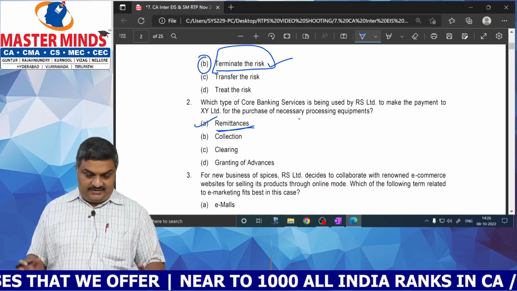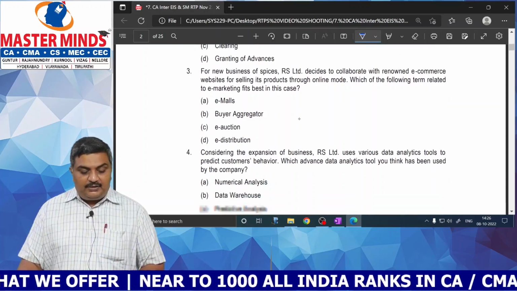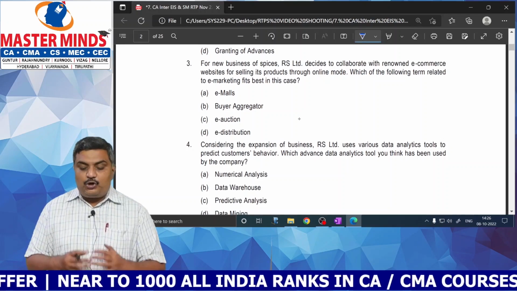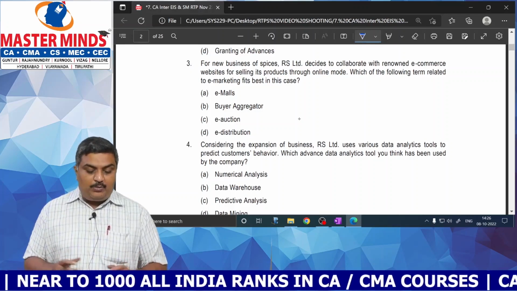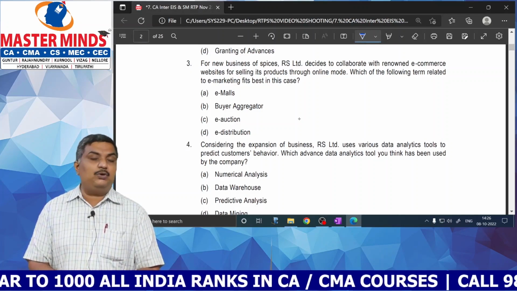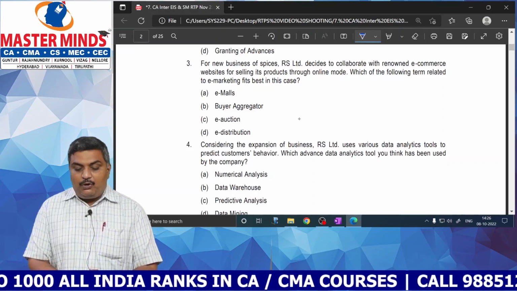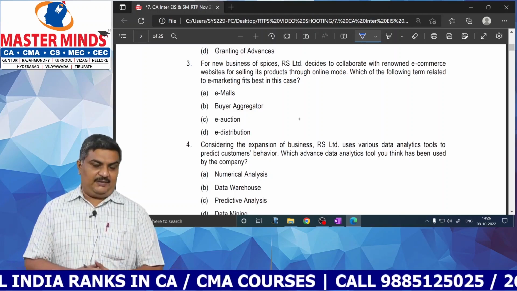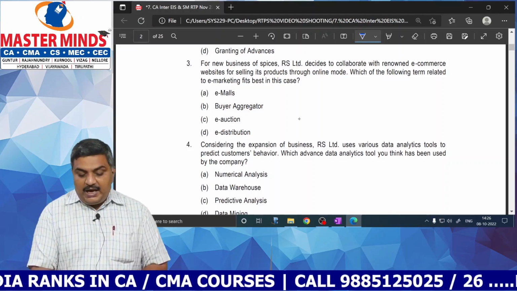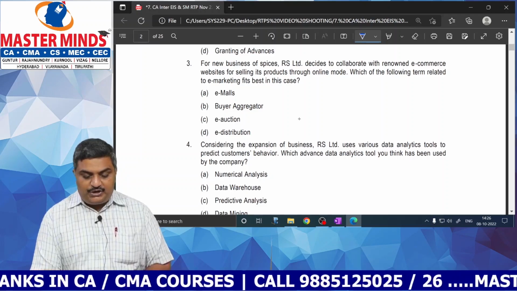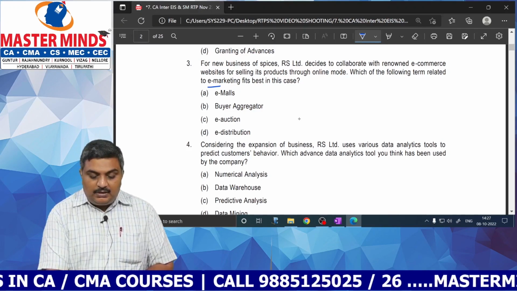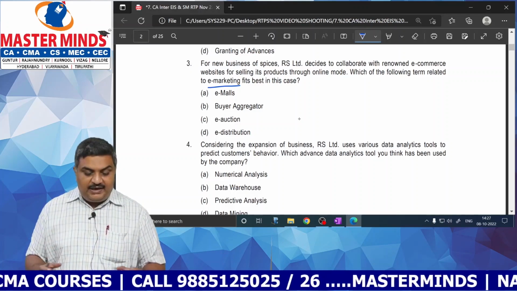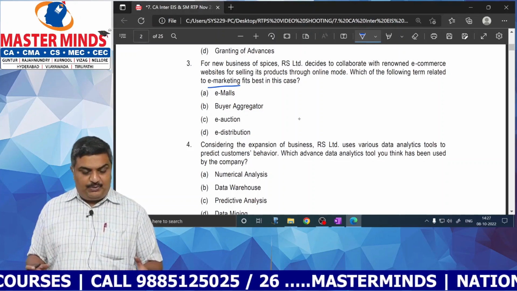It is remittance. Now, for new business of spices, RS Limited decides to collaborate with renowned e-commerce websites for selling its products through online mode. Which of the following term related to e-marketing fits best in this case? See, we have some e-marketing related terminology that is given there in our syllabus, like e-malls, buyer aggregators, e-auction, e-distribution.